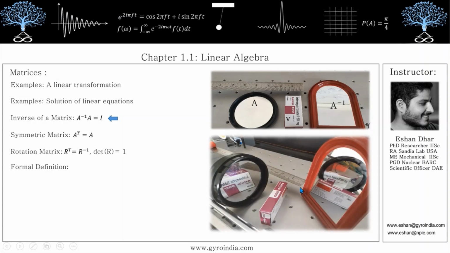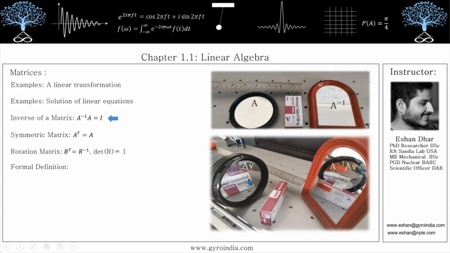The image formed in the first mirror can be defined as A multiplied by the vector V, and we can observe that the image is inverted in a particular fashion.